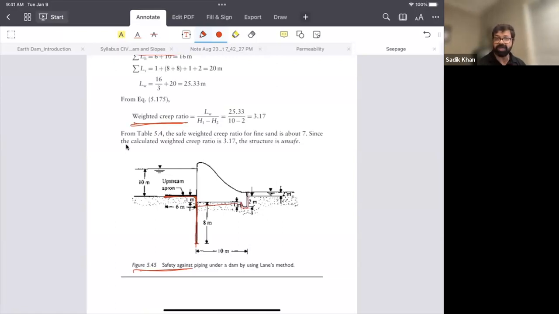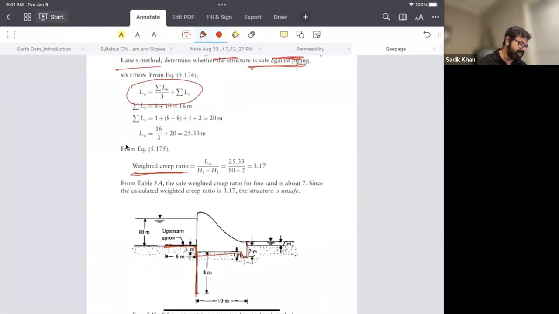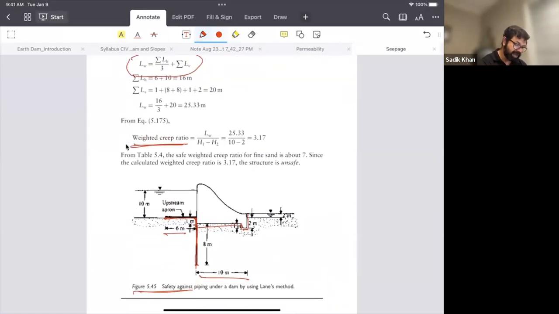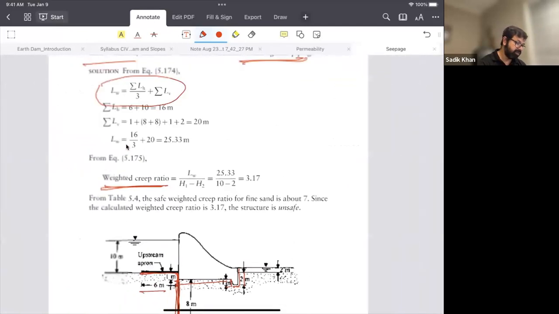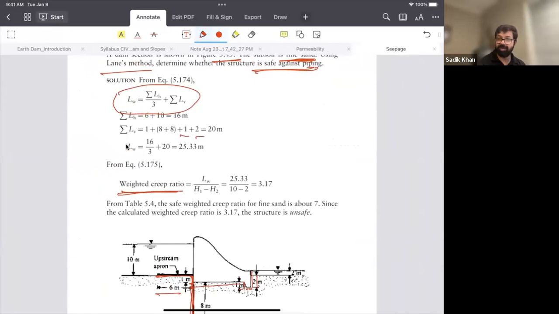So all you have to do is add all the vertical distance and add all the horizontal distance. The horizontal distance is 6 plus 10. Vertical distance, what do you have? First 1, 8 down, 8 up, right? Then here is 1 down and 2 up.